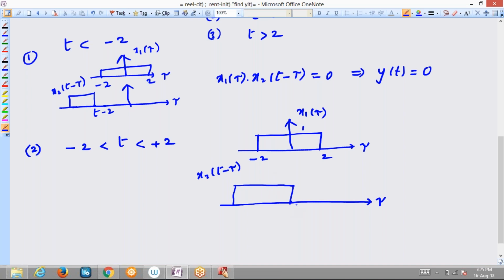So let us consider t here, and minus 2, plus 2, so that the left edge will be t minus 4.